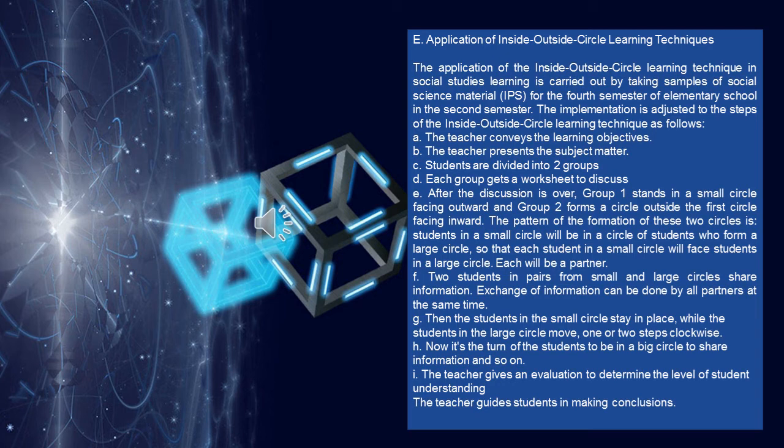They will be partners. Two students in a pair from the small and large circles share information. Exchange of information can be done by all partners at the same time.